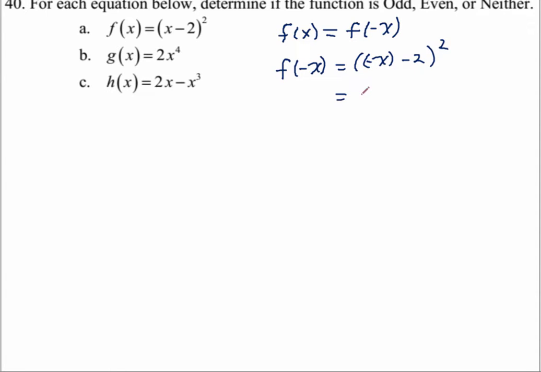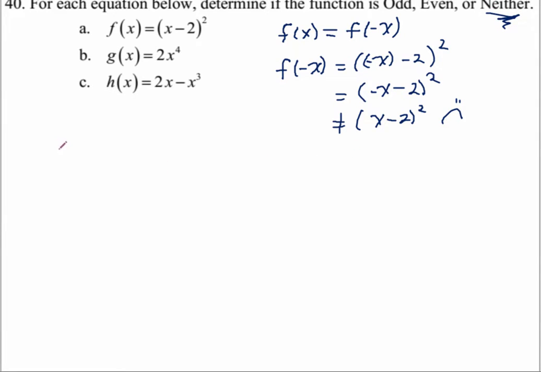What we end up with is negative x minus 2 quantity squared, which is not the same function as x minus 2 quantity squared. So therefore, it exhibits none of them. It is neither, is what you would say.